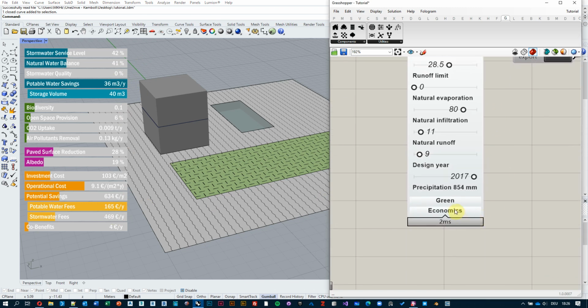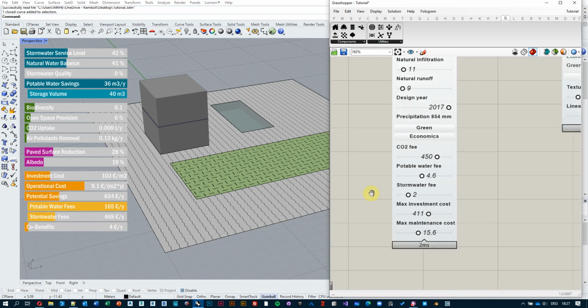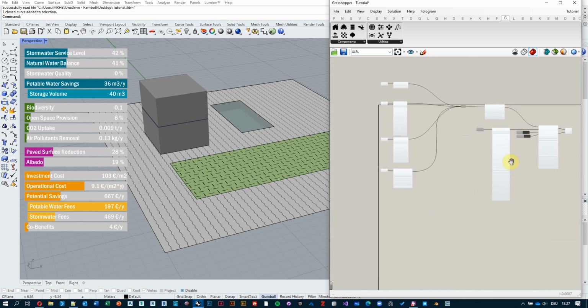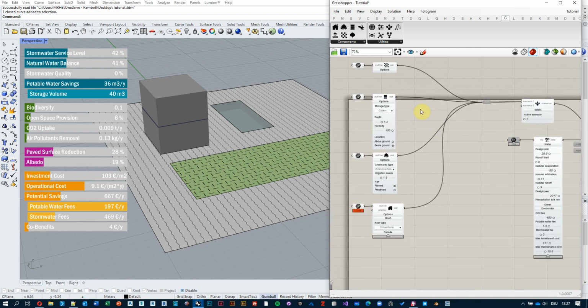And for that, under the data component, we're looking at the input over here. What is the potable water fee in euro per cubic meter? And then the lower this is, obviously the lower the savings, and the higher the fee per cubic meter, the higher the potential savings as well. And so as you see, it's a fine balancing act.